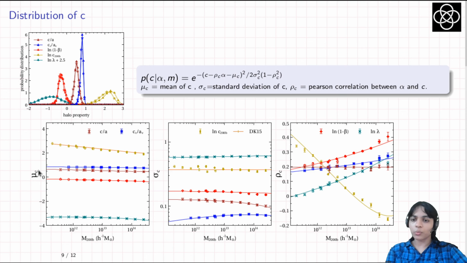The mean, variance, and the correlation with alpha are fitted as a polynomial as a function of mass and are shown here below. Together, we can write the conditional distribution of C, conditioned on alpha and m, in a Gaussian form as shown here.